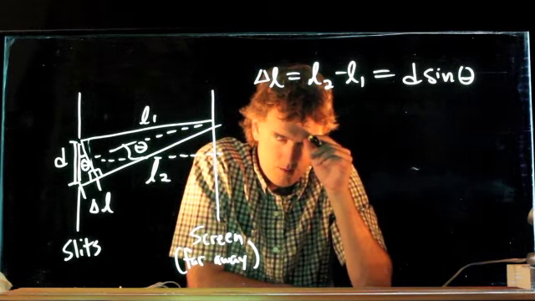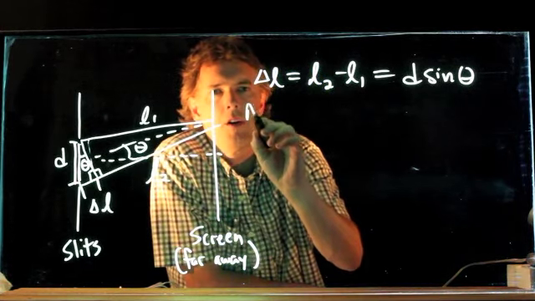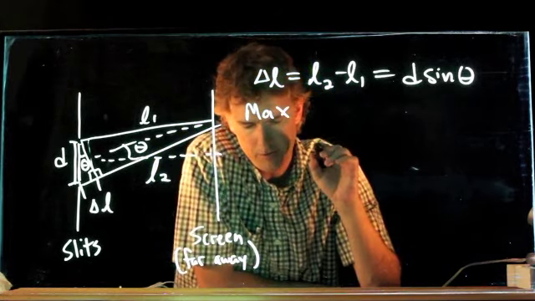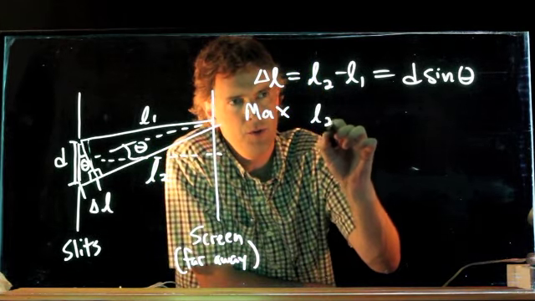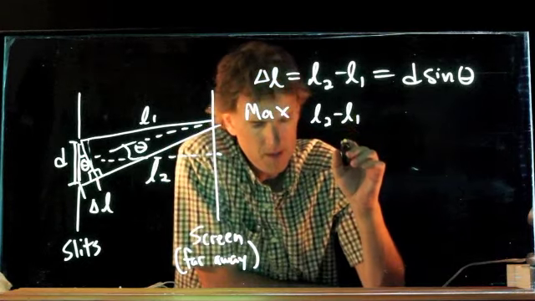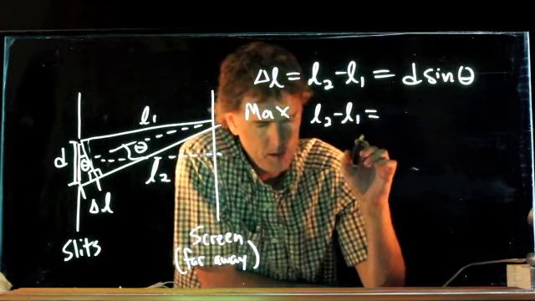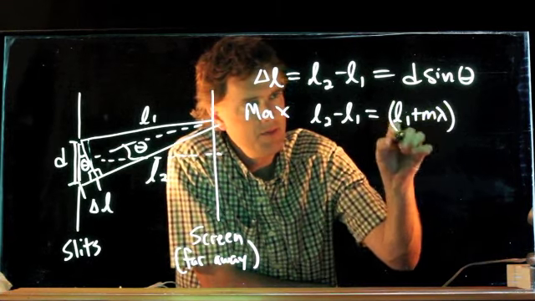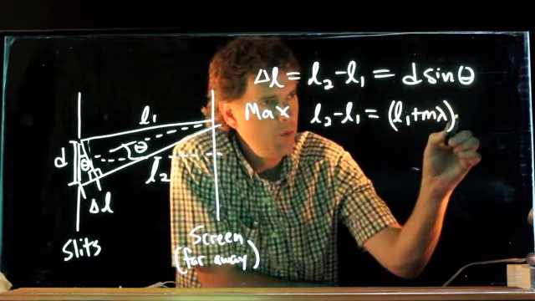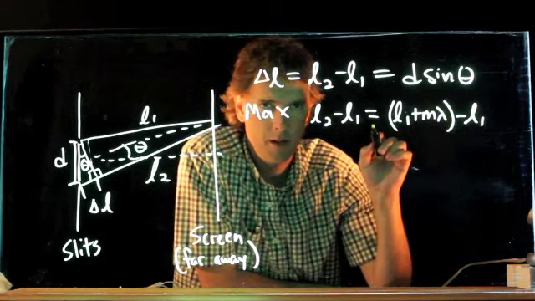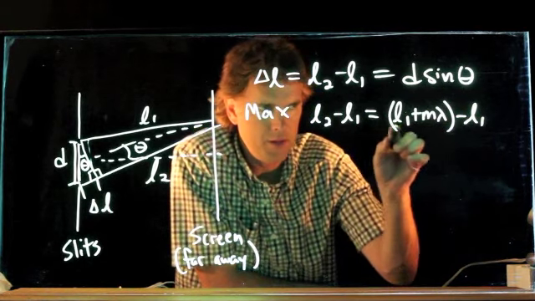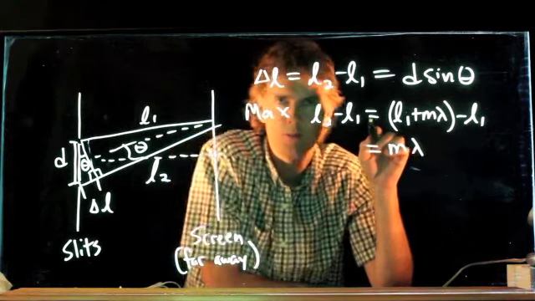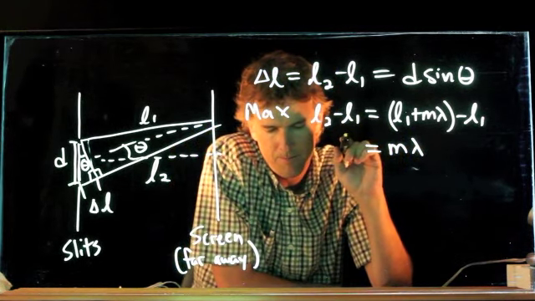Okay, let's look at our condition for maxima. What we said was for maxima, L2 equals L1 plus m lambda. That's what we had for L2. We're going to subtract the distance L1. So the L1s drop out and we just get m times lambda remaining.